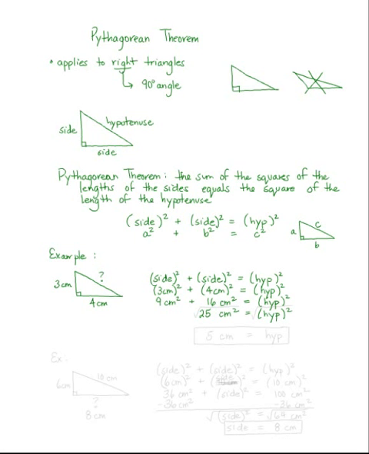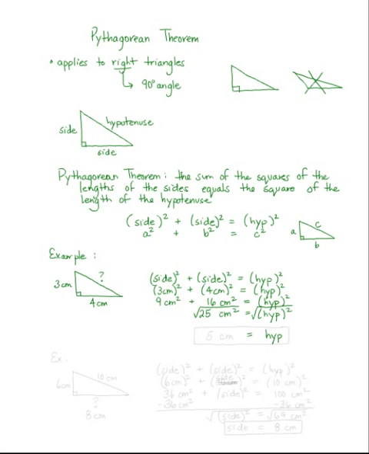Now, we're not looking for the hypotenuse squared, we're looking for just the hypotenuse. So we have to have a way of getting rid of the square. We do that by taking the square root of both sides of our equation. On the right side, this leaves us with just the hypotenuse.